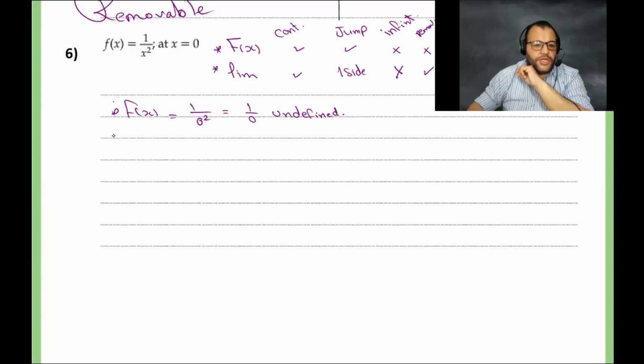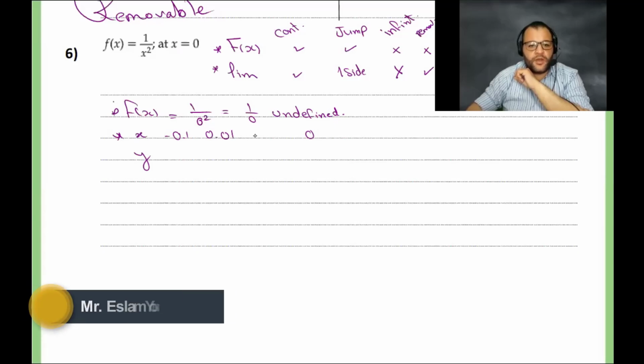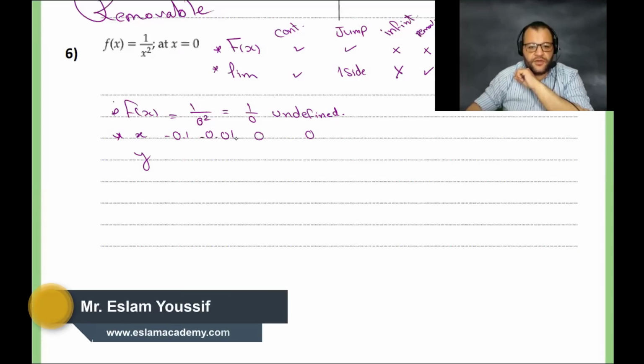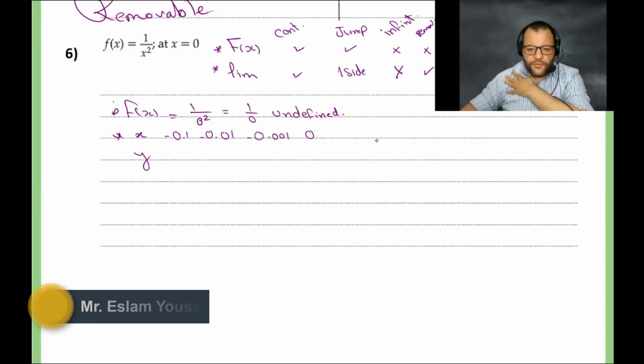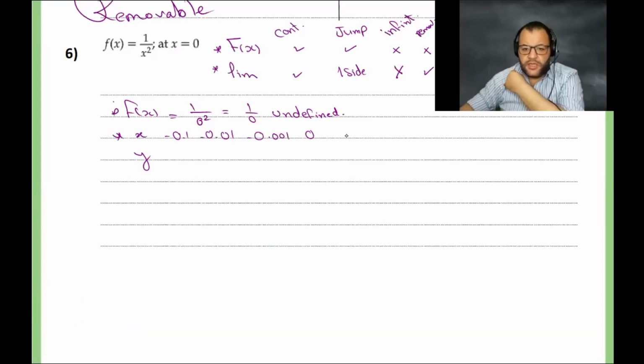Now we need to complete the table. That's x and that's y. For x, at the first put negative 0.1, negative 0.01, negative 0.001. From the right side, it will be 0.001, 0.01, and 0.1.